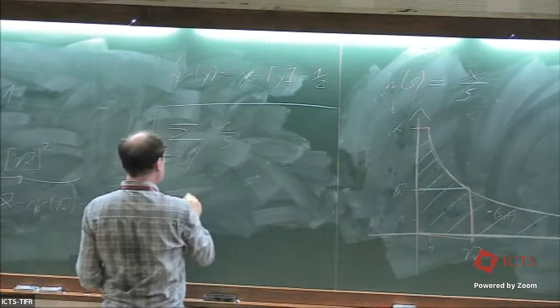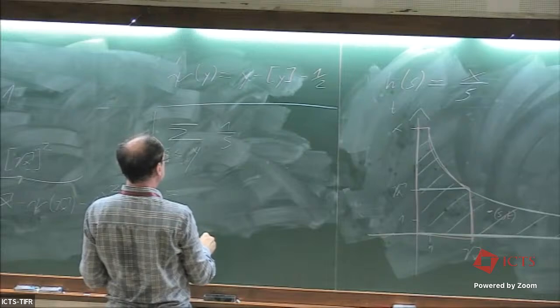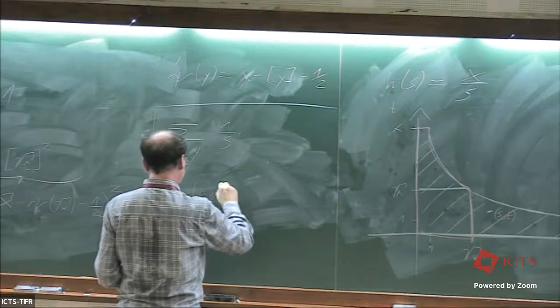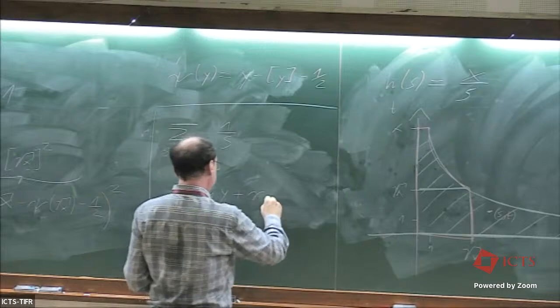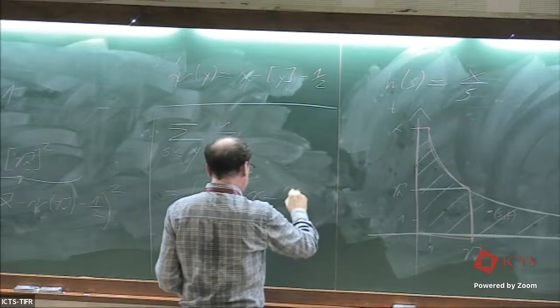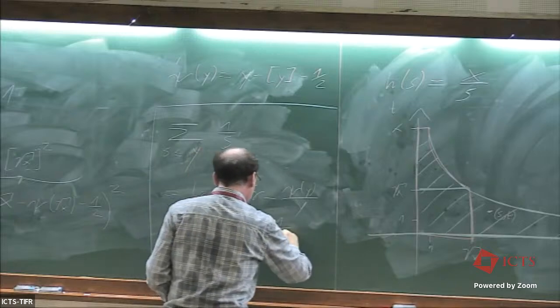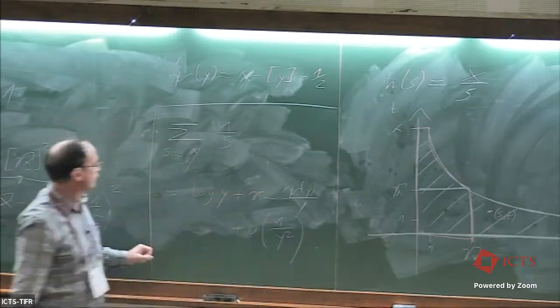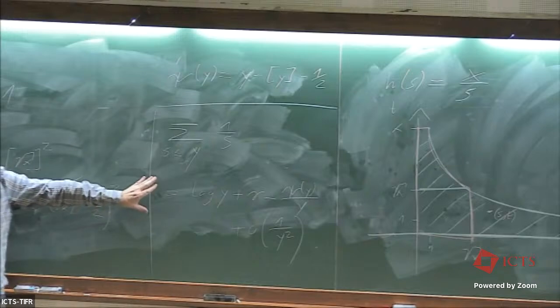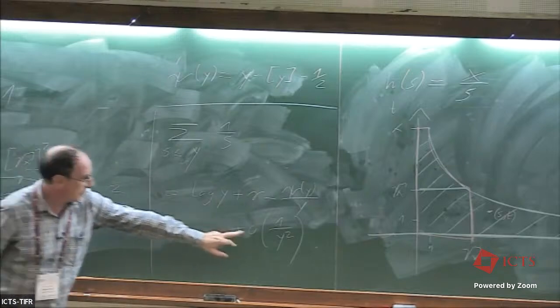So this is log y plus gamma minus psi of y divided by y plus O of 1 divided by y squared. So you can show that approximation, which is pretty good with a very small error term.